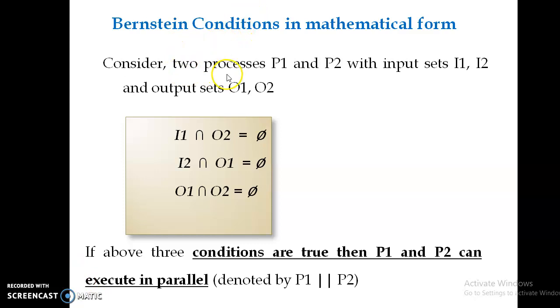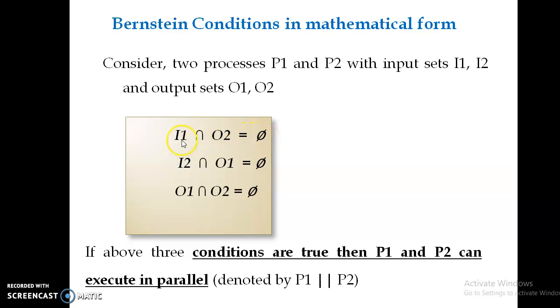Consider two processes P1 and P2 having input sets I1 and I2, where I1 is the input set of P1 and I2 is the input set of P2, and output sets O1 and O2, where O1 is the output set of P1 and O2 is the output set of P2. The first condition is I1 intersection O2 is equal to null.